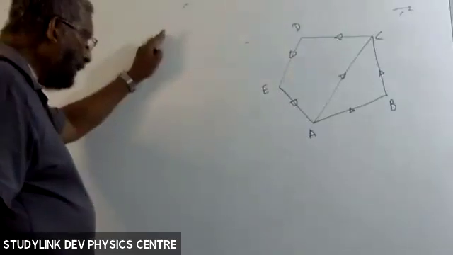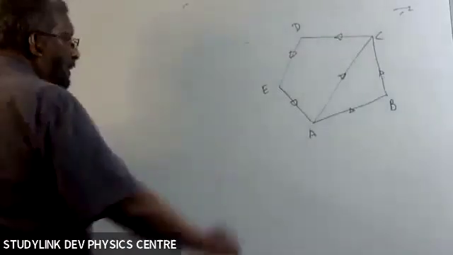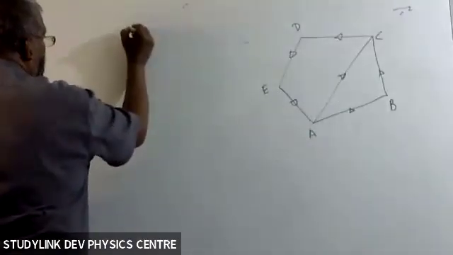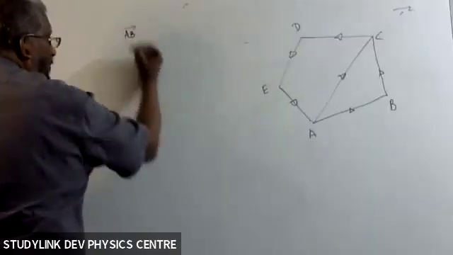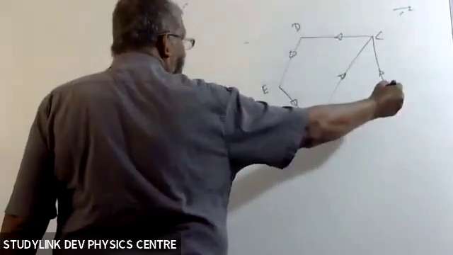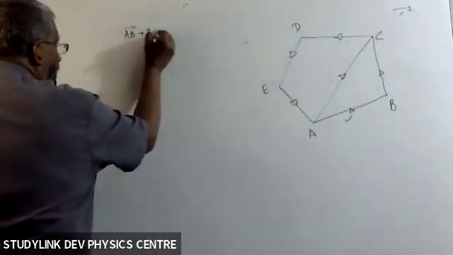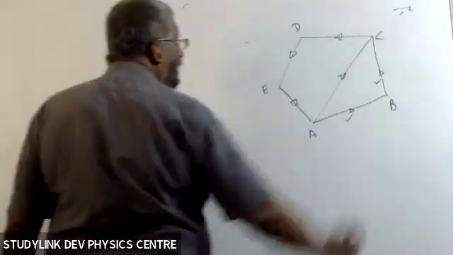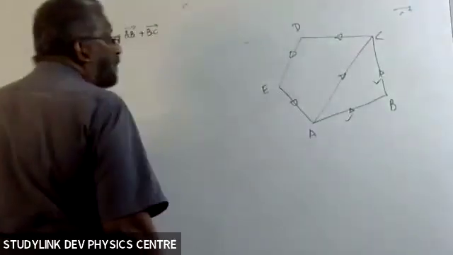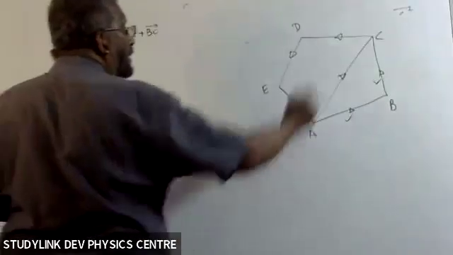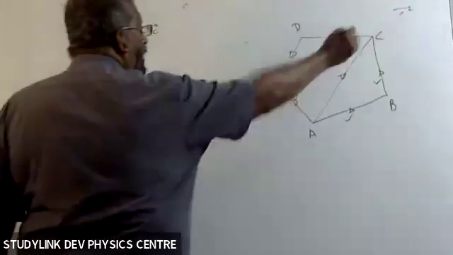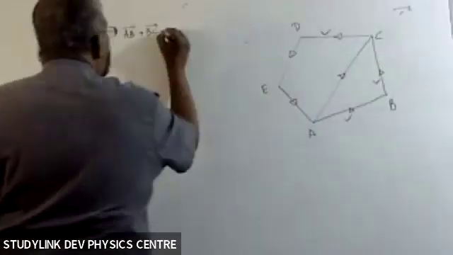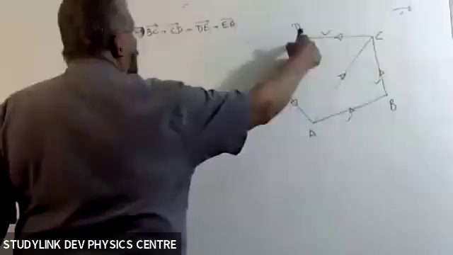What you have to do is write the correct vector, and correct vector means you have to consider the direction A to B. So I'll consider the first one as vector AB, then BC, plus C. These are written according to the arrow.